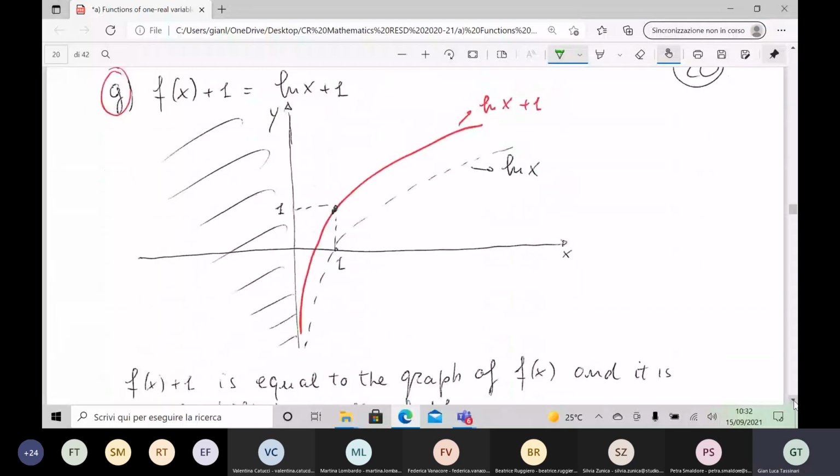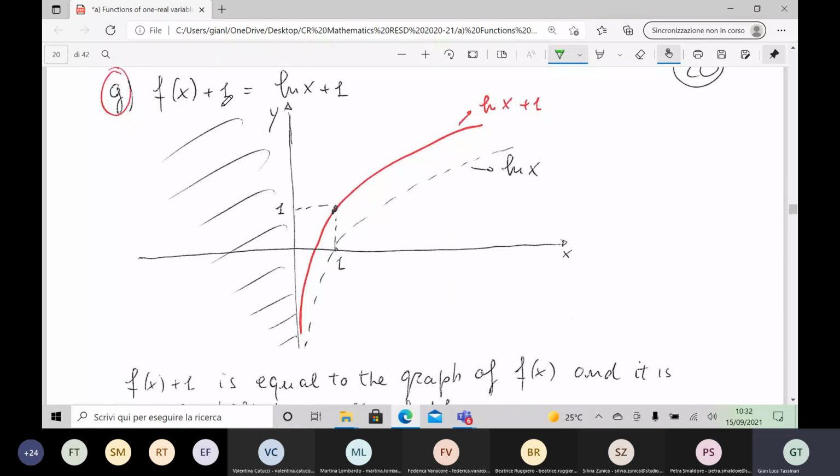Now, this graph, f of x plus 1, which is the relationship between f of x and f of x plus 1. Simply, for every given value of x, the graph of f of x plus 1 is simply shifted upward by 1 unit.